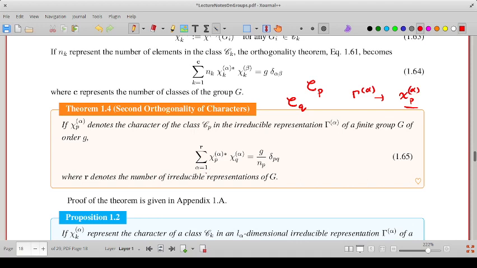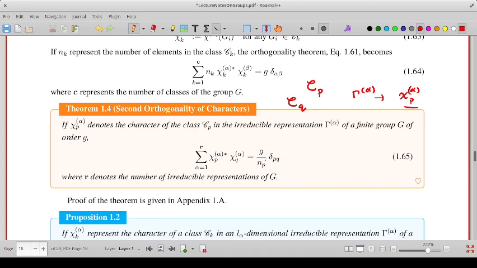That means sum over all irreducible representations of the group. So if R represents the number of inequivalent irreducible representations, then this sum will be equal to G by NP, where NP is the number of elements in the class Cp, times delta PQ.